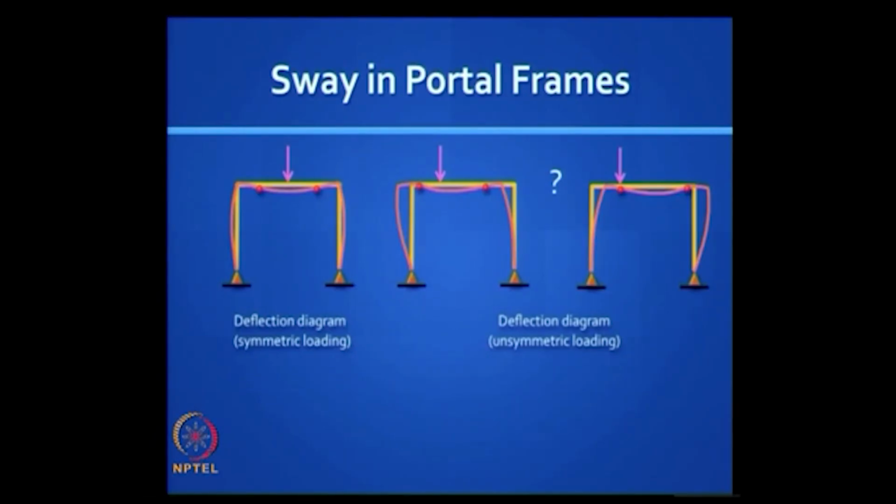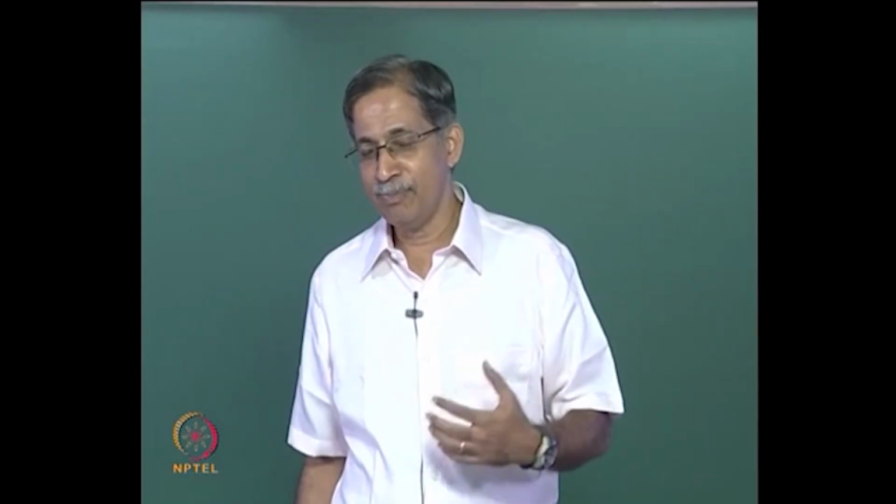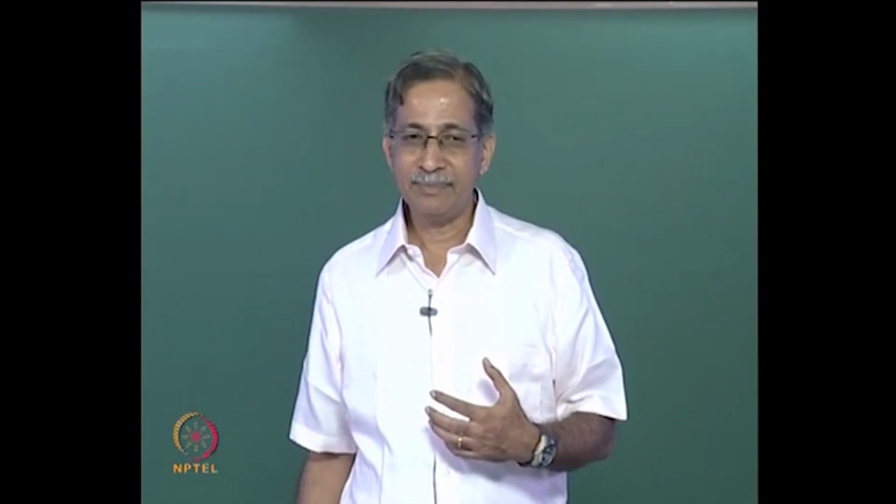Okay. Now what you need to do to get it intuitively right is keep pushing the load to the extreme length and press it down hard and your mind will tell you which way it is going to move. But you can also give a very beautiful analytical way of explaining why it is going to sway to the right. Let us look at that.